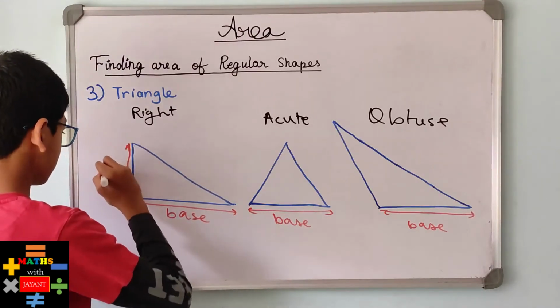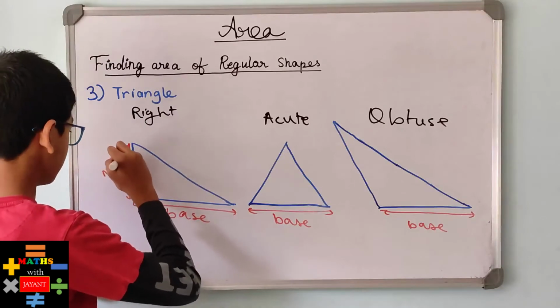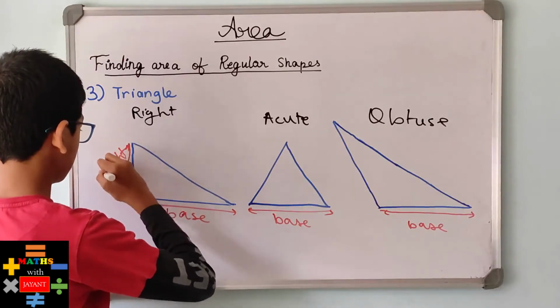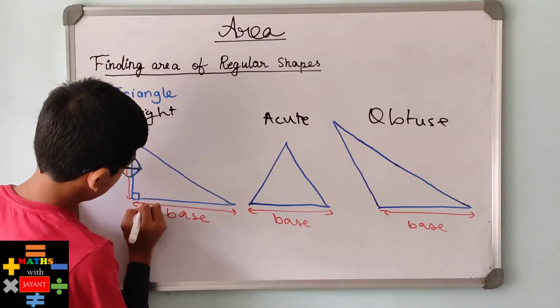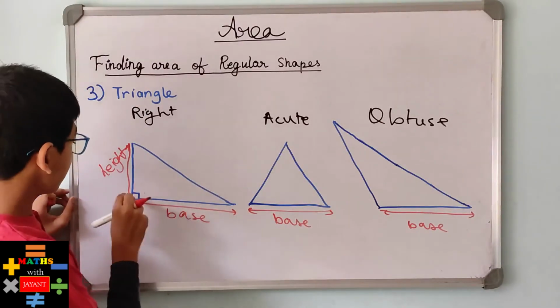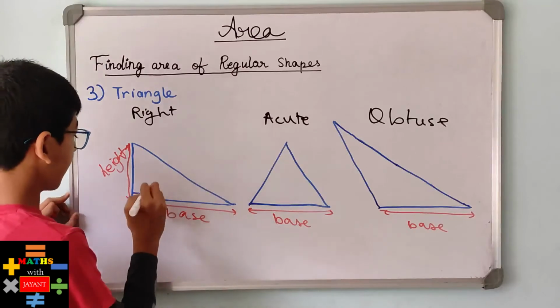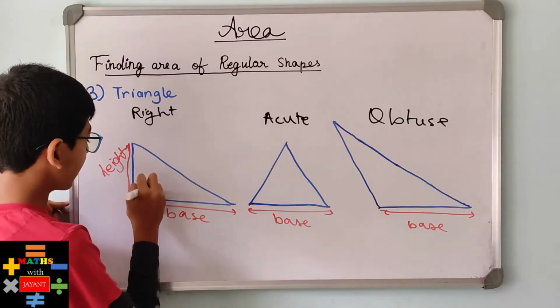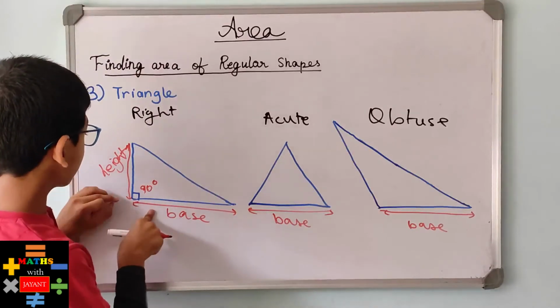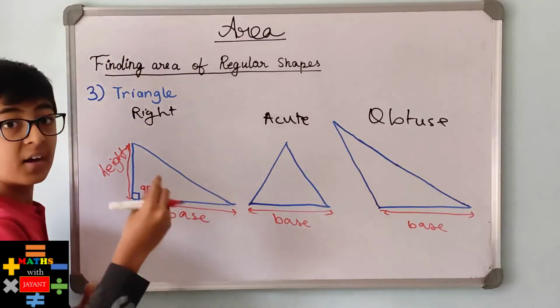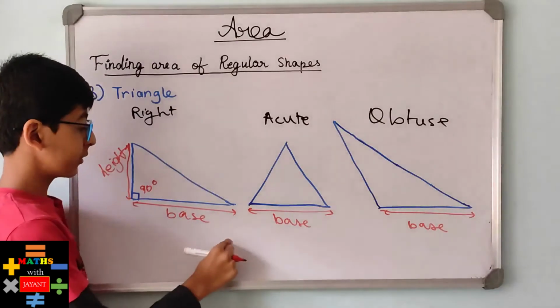Why? So this is our height. Now why is this the height? Because the base and height lines are perpendicular to each other, and perpendicular means nothing but 90 degree. So this is the base and this will be the height, as this is perpendicular to the base.